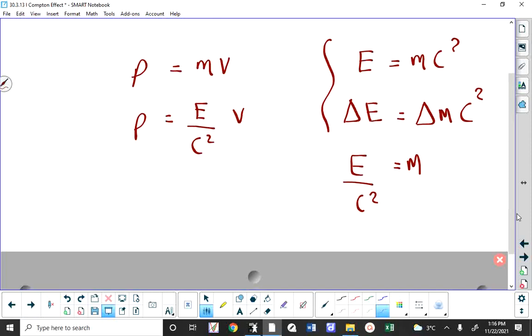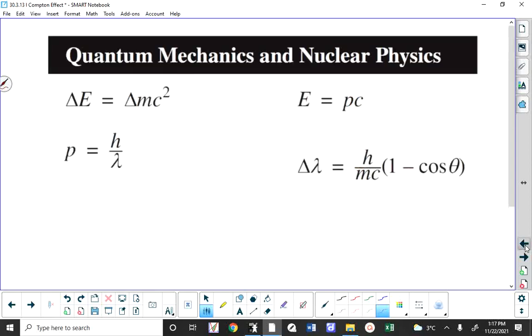And a photon travels at the speed of light. So v is c. And you can see that one of the speeds of light in that equation on the top and the bottom cancels, leaving you with momentum equals energy over the speed of light, which is this formula in the top right, rearranged.